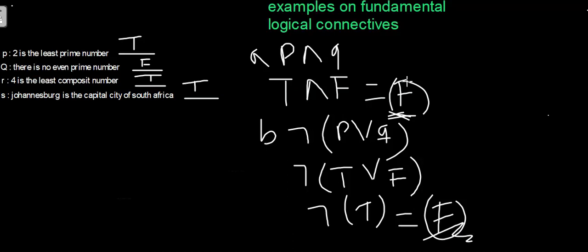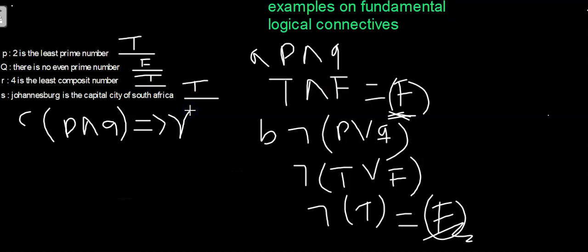So now let's do another example. Let's do C over here. It says that in the box there's P and also Q, so this is P and Q, which implies R. Now this one is a little bit tough, but I want you guys to pause the video and try it by yourself and see if you get the answer.